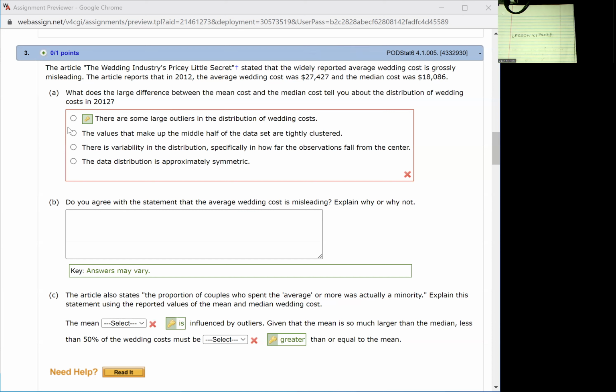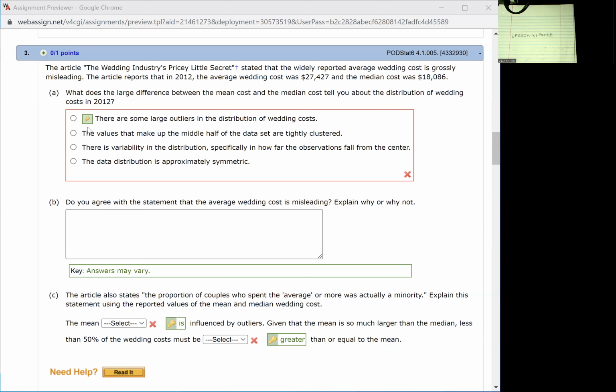So what does the large difference between the mean cost and the median cost tell you about the distribution of the wedding cost in 2018? That there are some large outliers which affect the size of the mean in the distribution of the wedding cost.